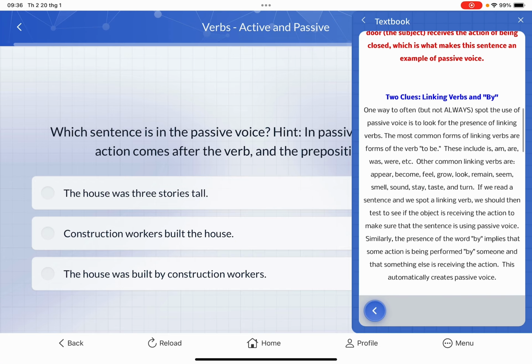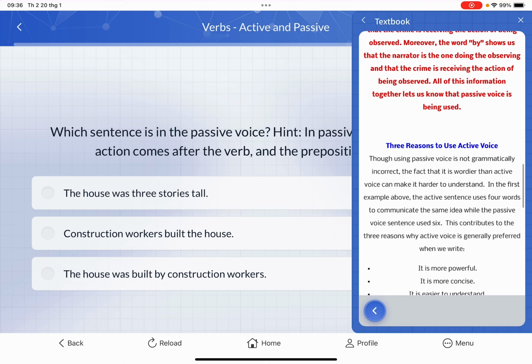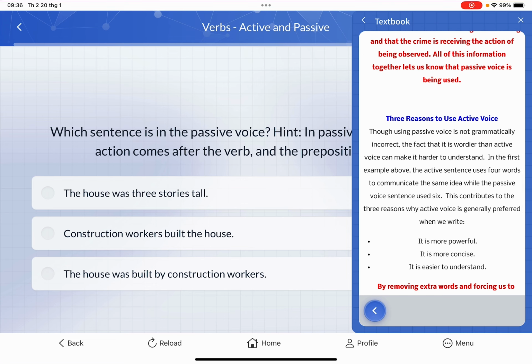Well, this is just a way to find out whether it is a passive voice. Now let's move on to active voice. I have to say, though, using passive voice is not grammatically incorrect. The fact that it's one layer removed from active voice can make it harder to understand.